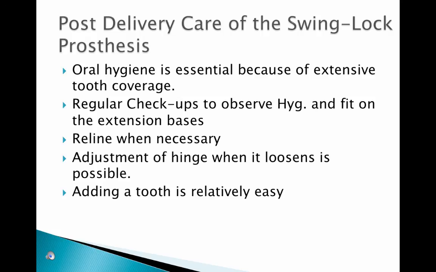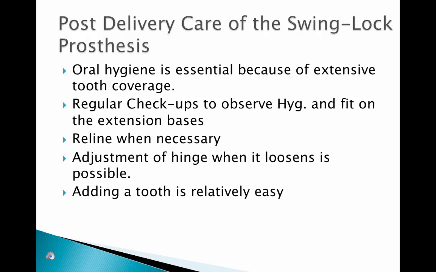They need to have regular checkups also, not only to observe the dental hygiene, but to observe the fit of the extension bases. If there's a rotation around that fulcrum line, then that posterior area of the extension base may need to be relined. So you will reline it when it's necessary.